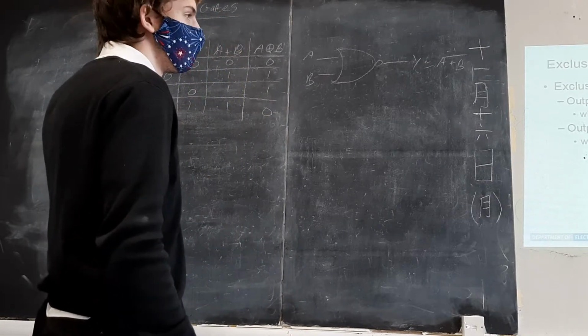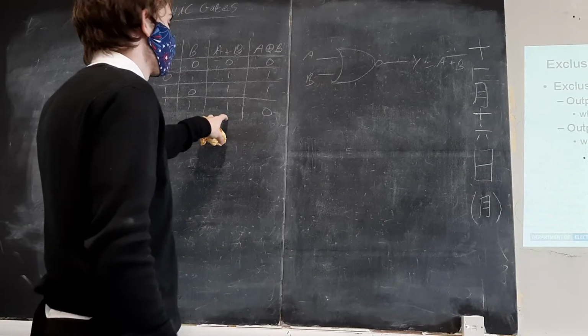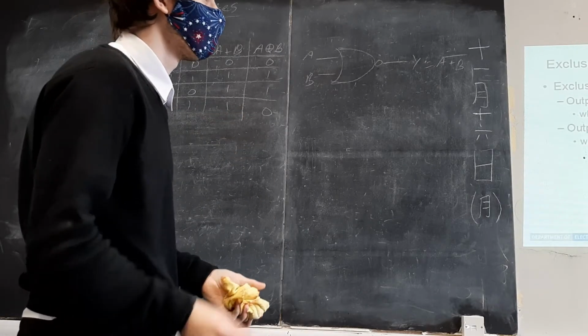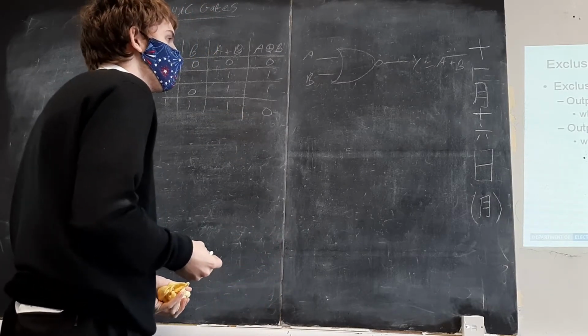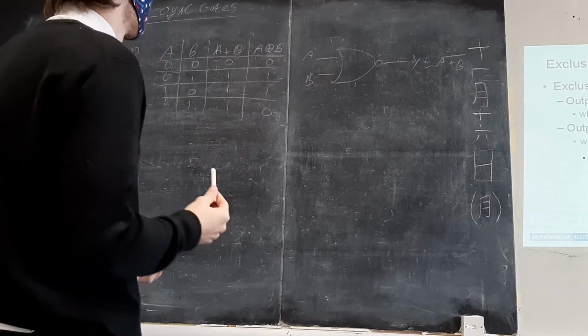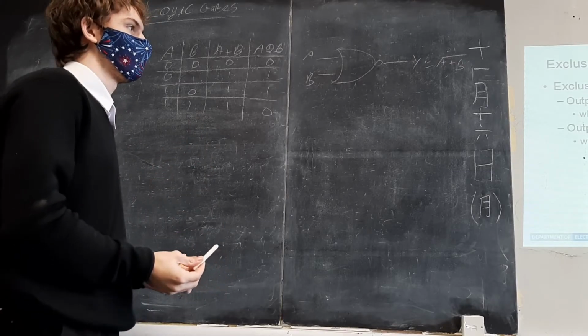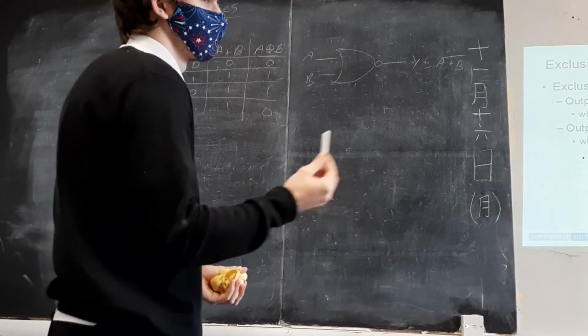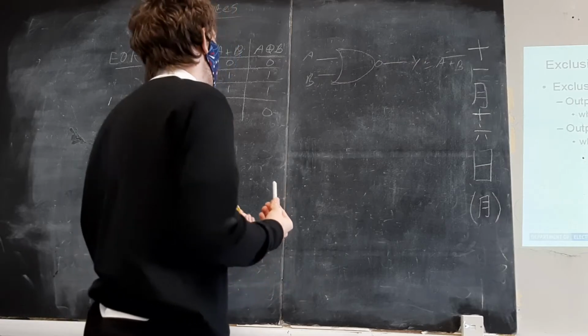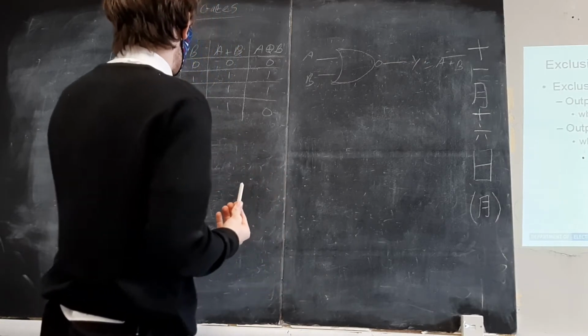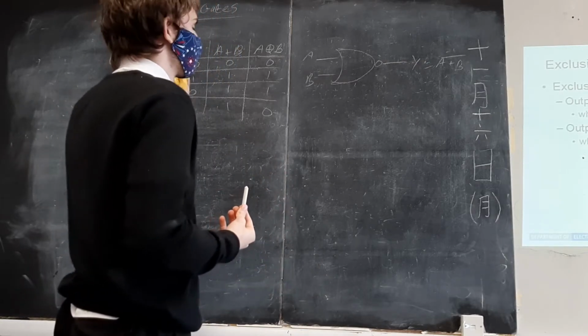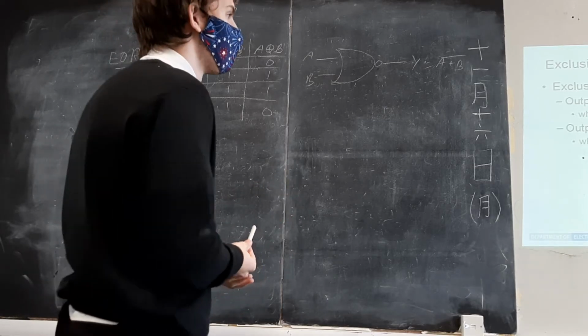However, 1, 1 in A and B together is 0. So it is only going to output true when the inputs are different. If there's a 1, 0, they are different, so it will output 1, but for 1 and 1 or 0, 0, it will output 0.